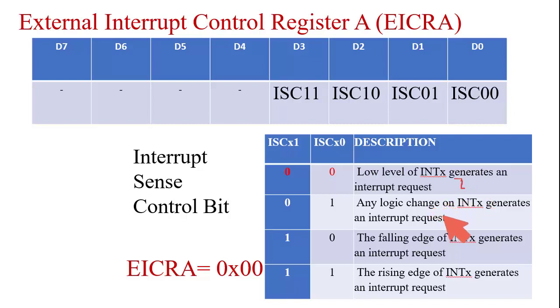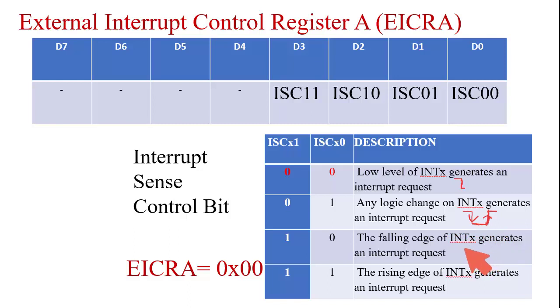Next one, any logic change means this type of signal. When there is a change of logic 1 to logic 0, then this might be considered as interrupt, or when there is a change from logic 0 to logic 1, then that might be considered as an interrupt.